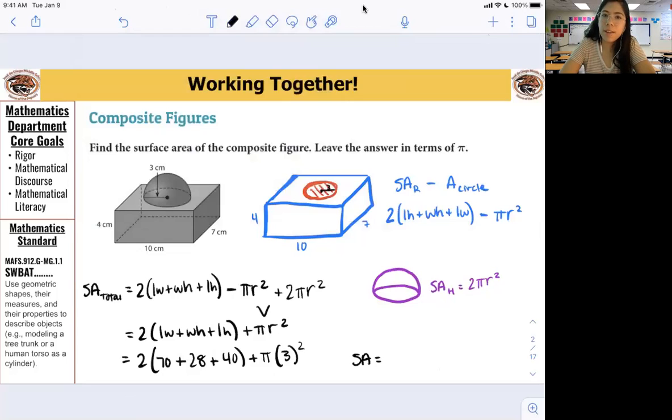And if one has it and the other one doesn't, treat it like a variable. You can't combine them. And we're adding, don't forget, we're adding, not subtracting.